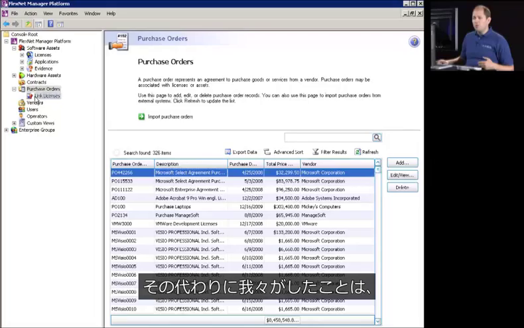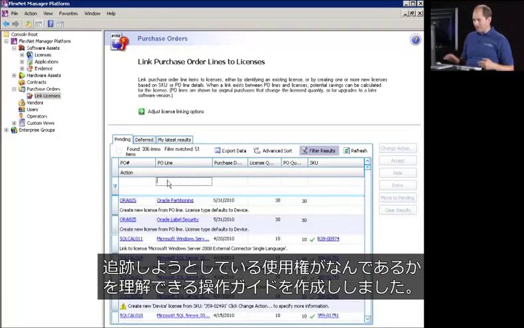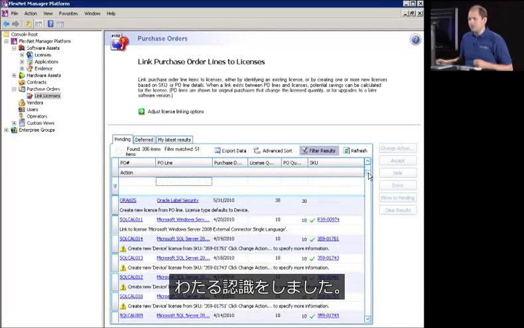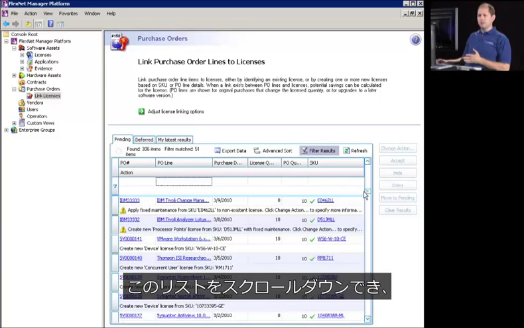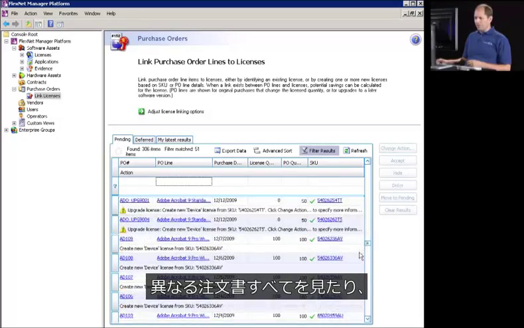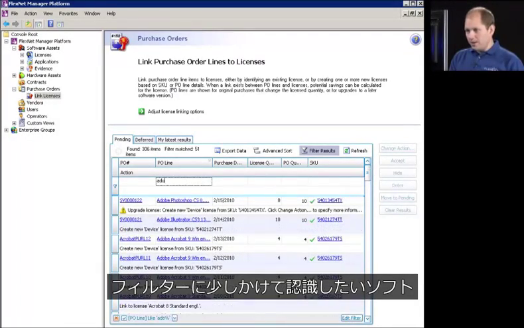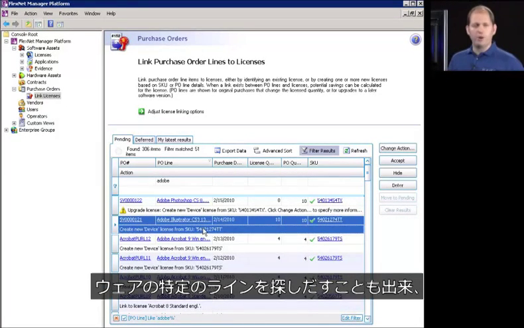So what we've done instead, we've created a wizard that will help you understand what the right of use you're trying to track is. And so here, it's done a recognition across all of the purchase orders I've got in my system that haven't been allocated to a license. So I can scroll down through this list and I can see all of the different purchase orders that are ready to be recognized. Or I could do a little filter to try and look for a particular line of software that I want to recognize.